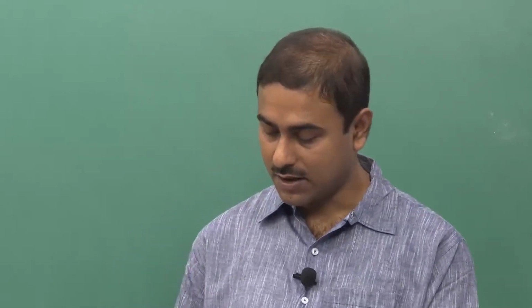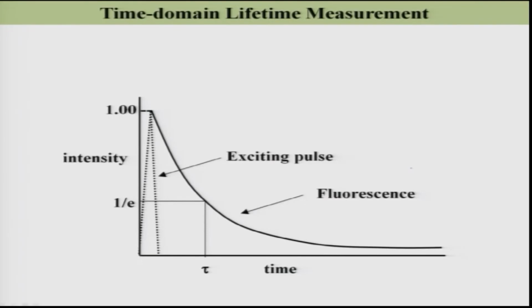If it is single exponential, fine; if it is bi-exponential, the curve will be a little distorted and so on. Ultimately you get the intensity versus time plot, and from there you can calculate the value of the lifetime tau. Now let us discuss how we are going to measure it. As I said, lifetime can be measured in two ways.